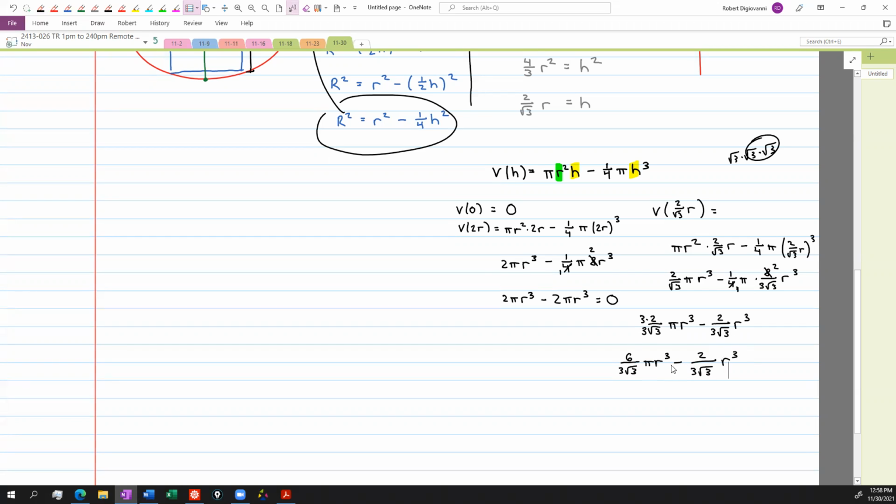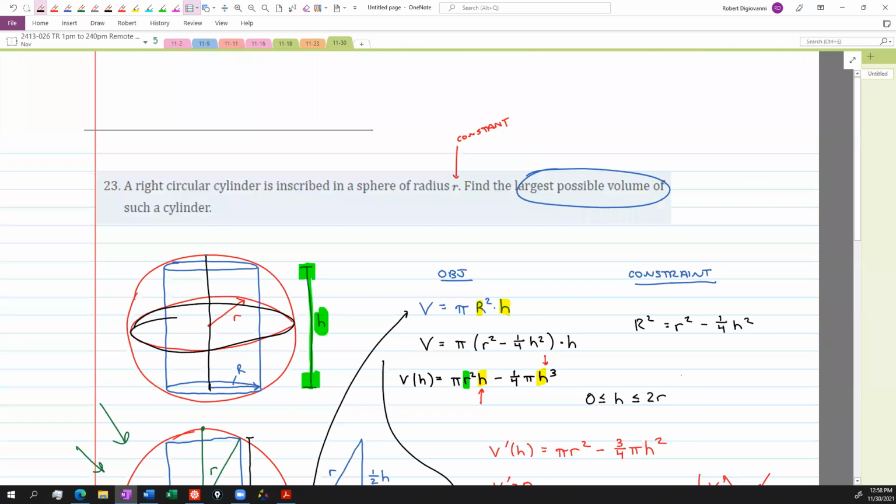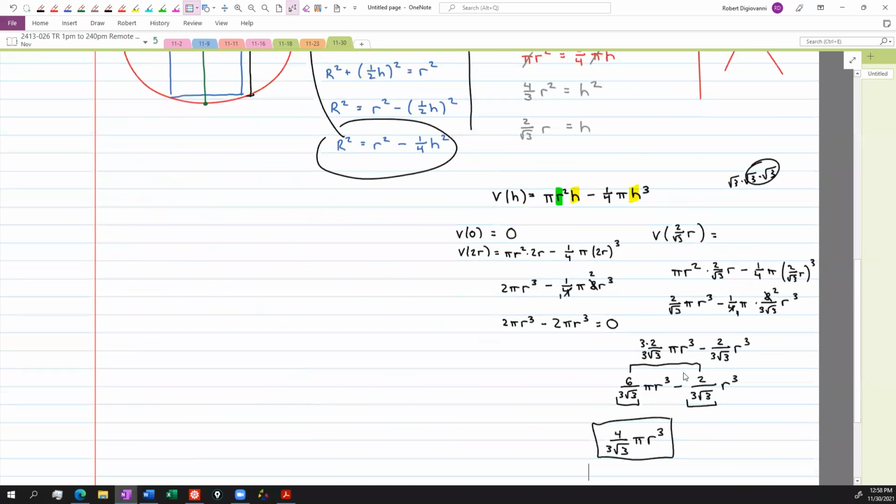And now these are like terms. We can just subtract, take those two together. So you should get 4 over 3 root 3, then the pi, then the r cubed. That is the most volume you're going to get. And do they want the dimensions? No, they want the largest possible volume. There it is.